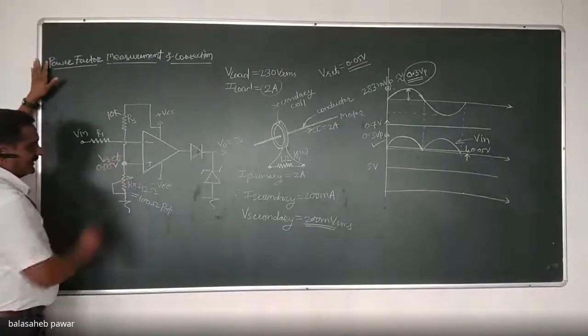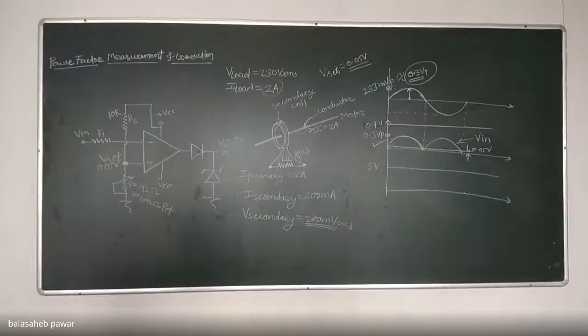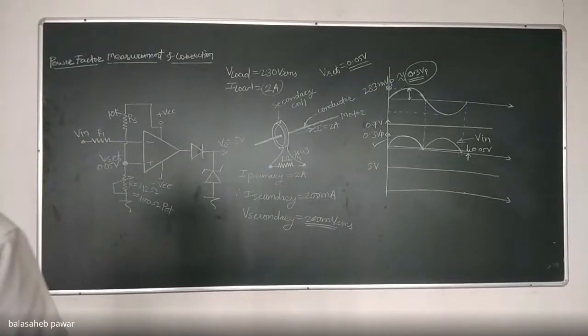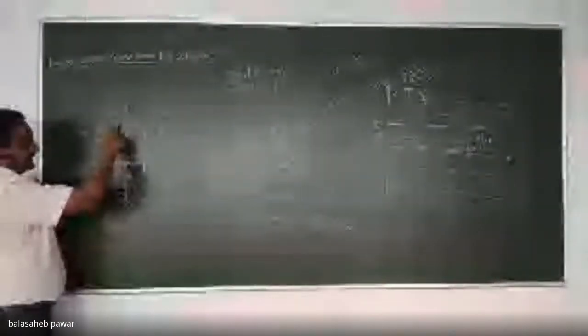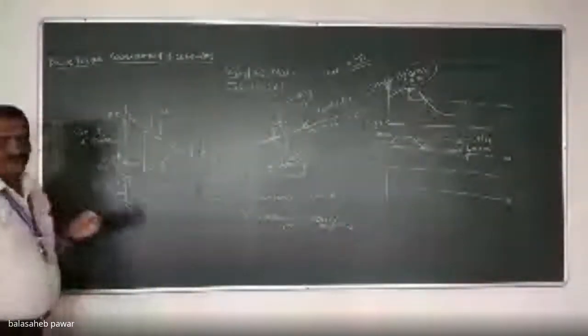A simple way to set this reference voltage: connect this RS of 10 kilo ohm directly to plus VCC. Don't mind its tolerance and all that. Use here this R of 100 ohm potentiometer, as shown. Connect it to 10K and power it by plus VCC of 12 volts.